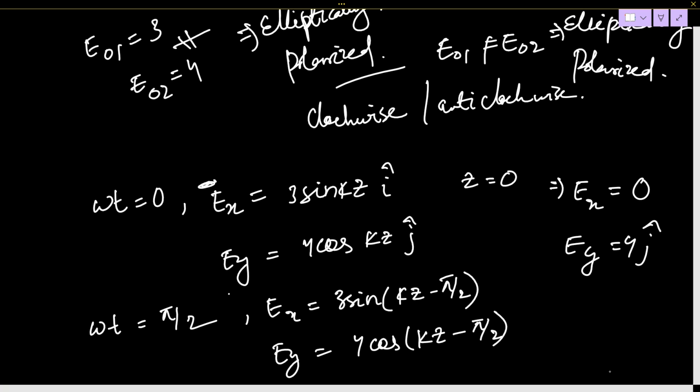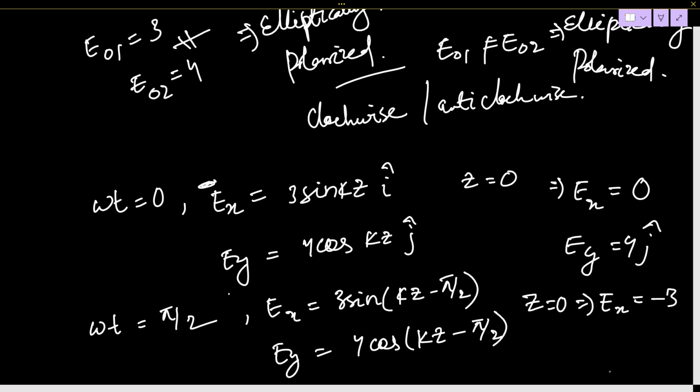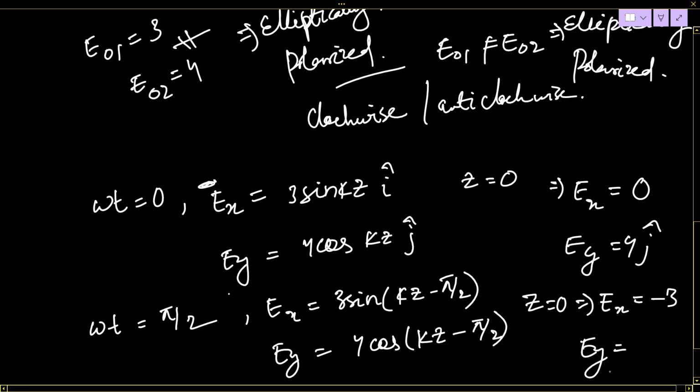Now I put z equal to 0. Ex will become 3 sin(minus pi by 2), that is minus 3. And Ey will become cos(pi by 2), that is 0. So this is minus 3 x cap.